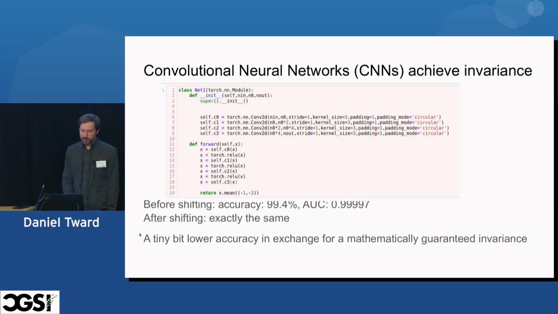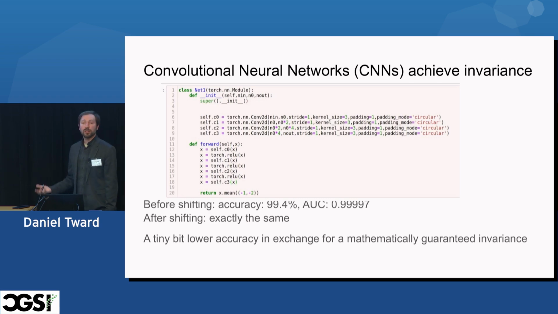So when we apply this type of model to our data set, we now get an accuracy of 99.4 and an area under the receiver operating characteristic curve of 0.99997 before shifting the inputs. If we train this model on unshifted images and we test it on shifted images, we get exactly the same accuracy.